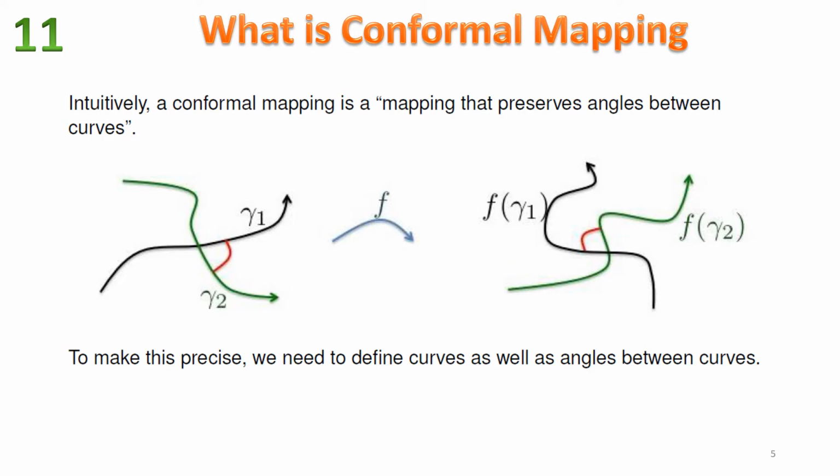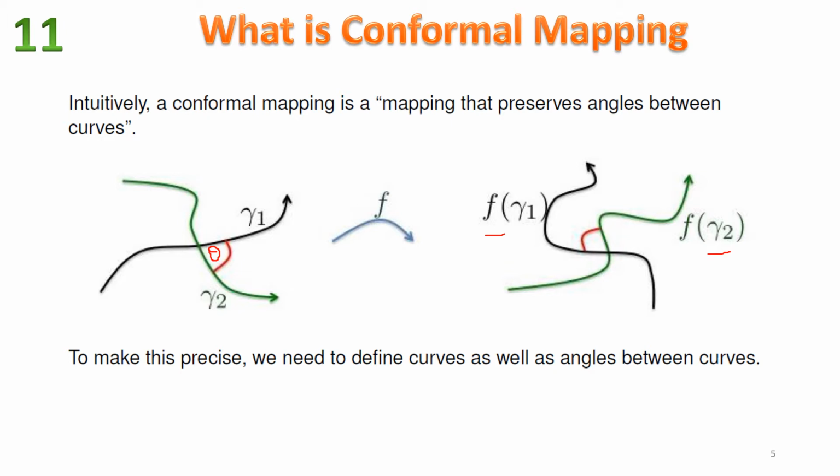Intuitively, a conformal mapping is the mapping that preserves angle between the curves. Let us suppose that gamma 1 is this curve and gamma 2 is another curve. They are bearing some angle. We shall define that as theta. By virtue of functional transformation f, we are going to a new picture where we are going to define f of gamma 1 and f of gamma 2.